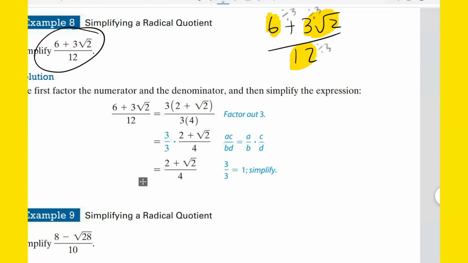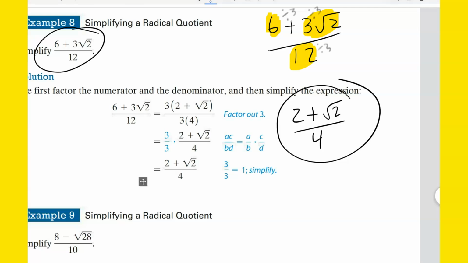So I'm going to divide them all by 3. And my answer now will be, what's 6 divided by 3? It's going to be 2. 3 divided by 3 is 1. So I can put a 1, or I can just leave the 1. It's an understood 1 that's going to be in front anyway. So I've got just the square root of 2, over 12 divided by 3 is 4.